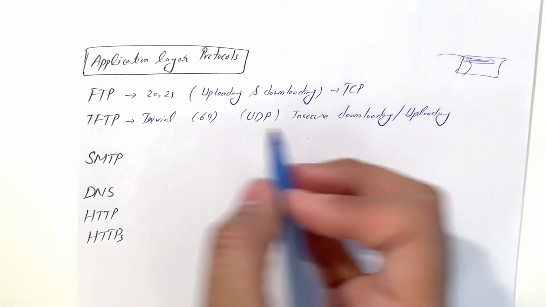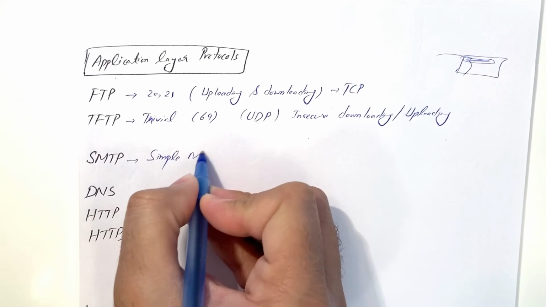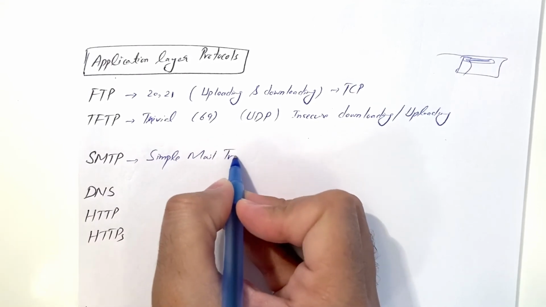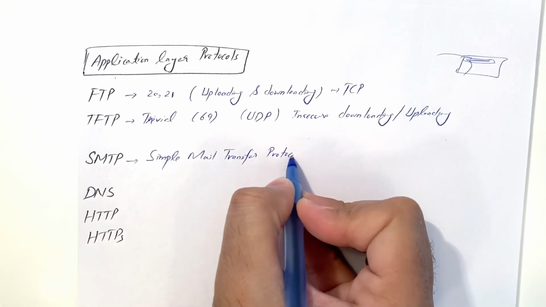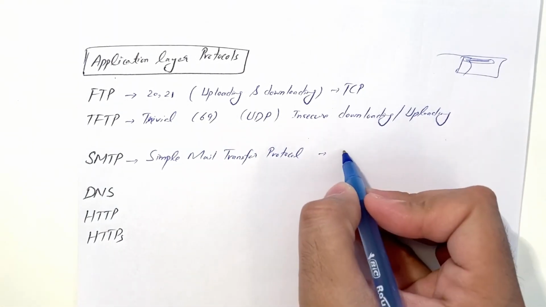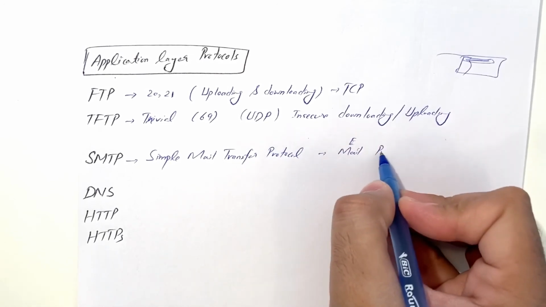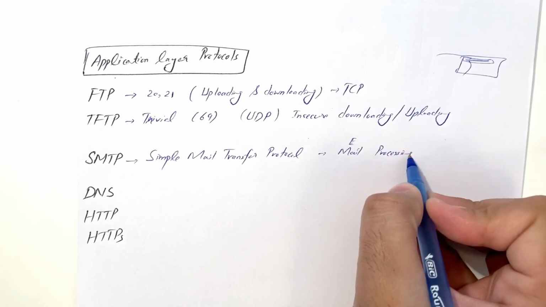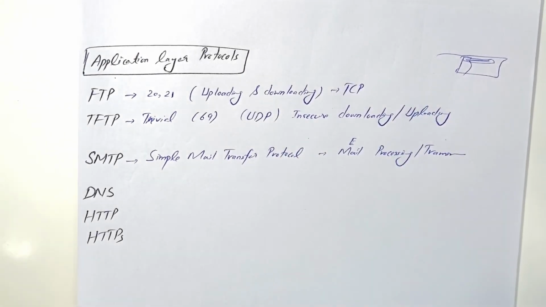That's TFTP. Simple Mail Transfer Protocol. We use SMTP for mail processing, email processing, or you can say transmission over the network, and it also defines the formatting.